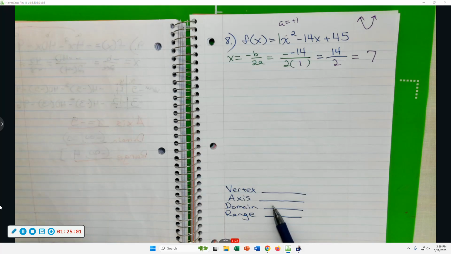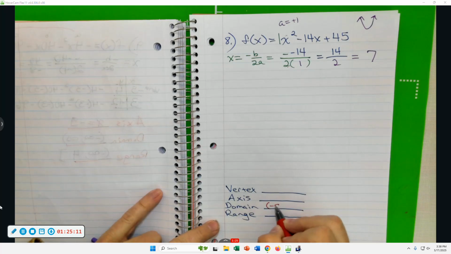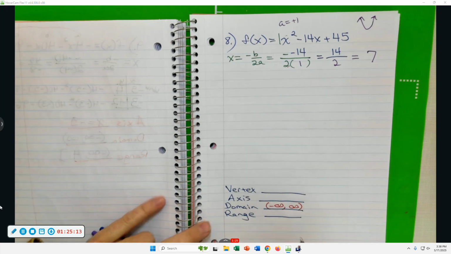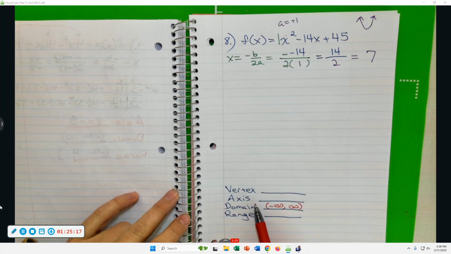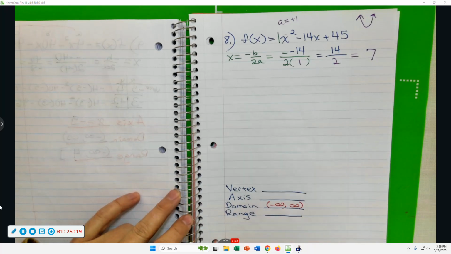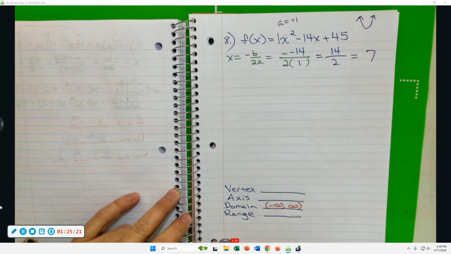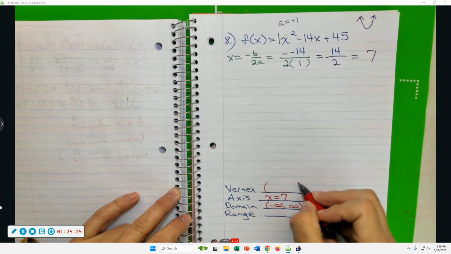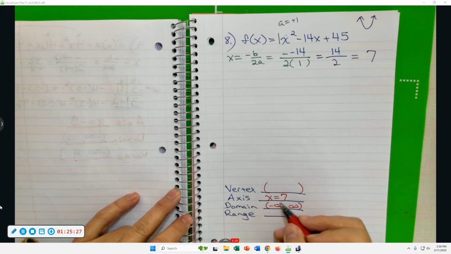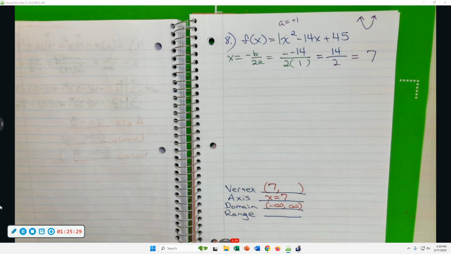Before we draw a graph, I know what I'm going to write for the domain right here. What is it? Negative infinity to positive infinity. We know the axis now also. What's the axis going to be? Not just 7. X equals 7. Now the vertex, we know the vertex is going to occur with an x value of 7.